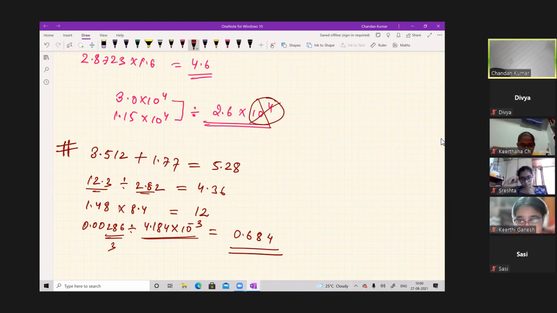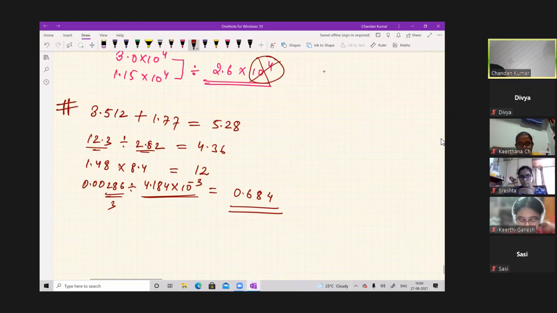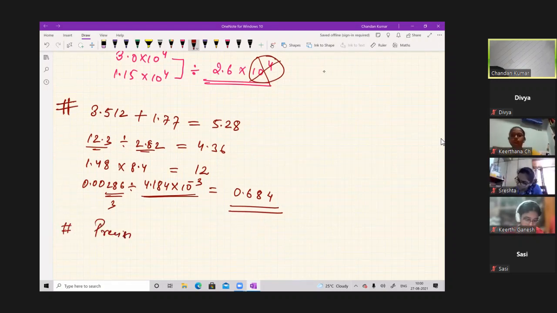Okay, so now let's talk about precision. What is precision? How precisely you measure something, that is called precision. How correctly you measure.